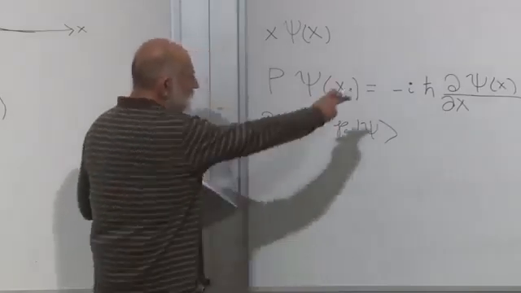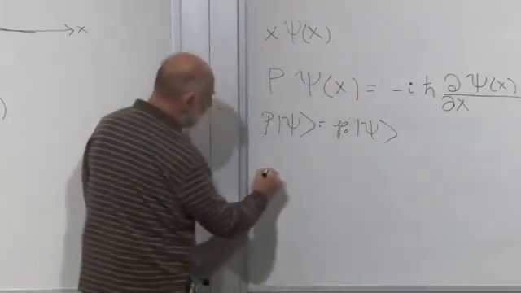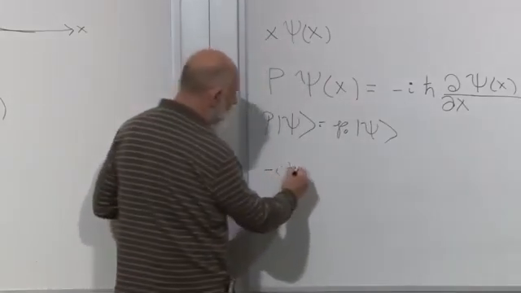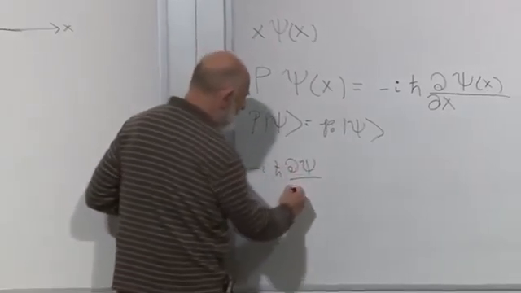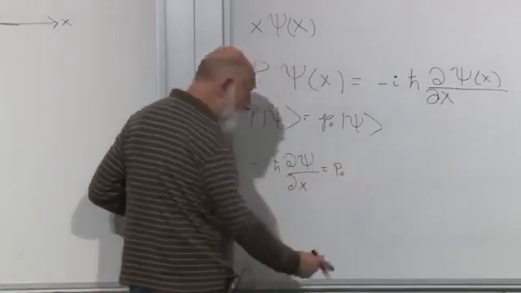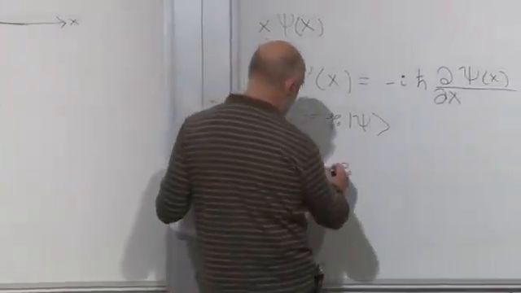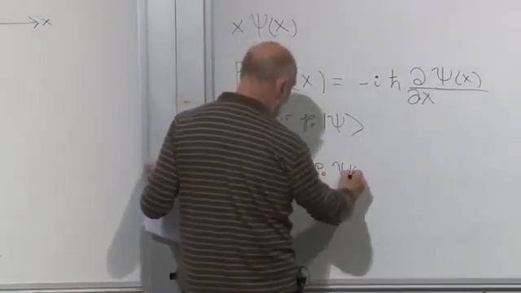This equation translates, just replacing P by minus i h bar d by dx: minus i h bar d psi by dx is equal to p naught, a numerical number, times psi of x. Psi is a function of x, psi of x.